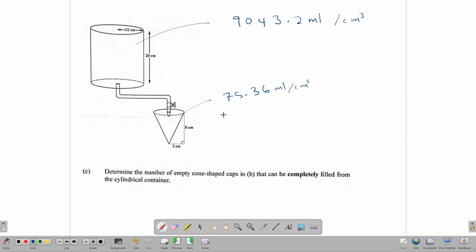So what we need to do to find how many cups can be filled from the tank is simply to do a division. So 9,043.2 divided by 75.36. Once we do that, we get our answer. And that tells us that we can fill approximately 120 cups.